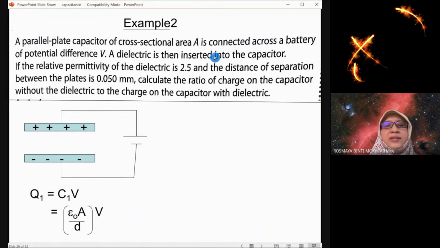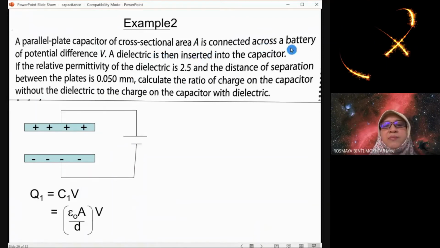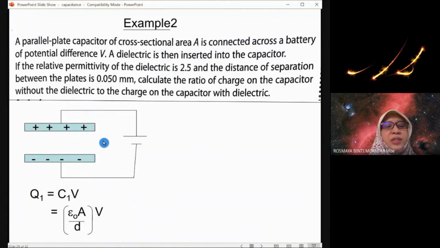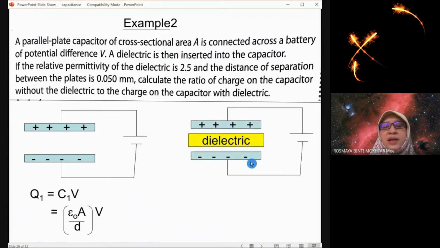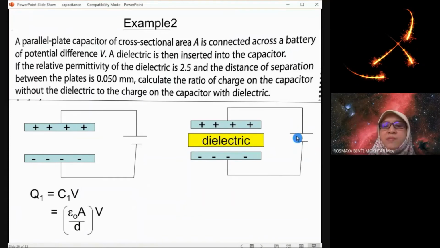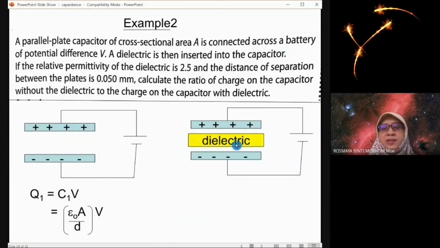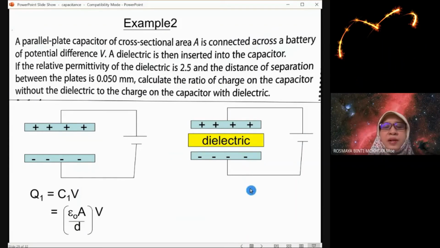Next is the case where we insert the dielectric with the battery still attached to the capacitor. This is the second situation. What happened now? Which one is constant?